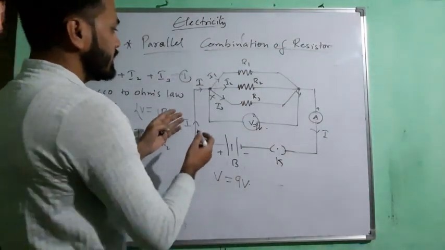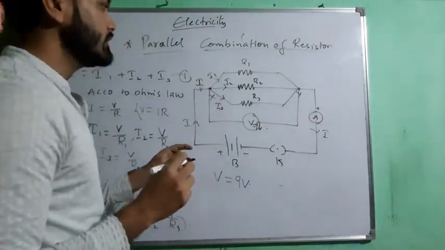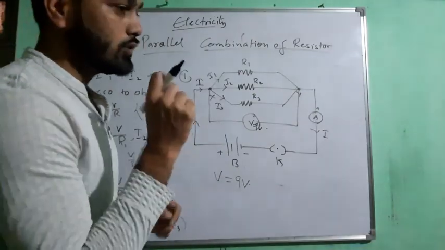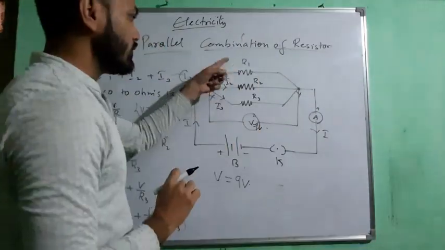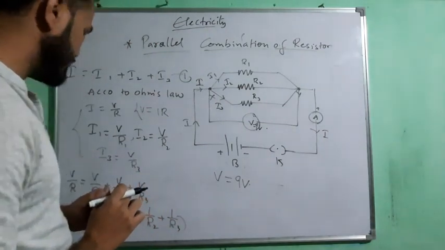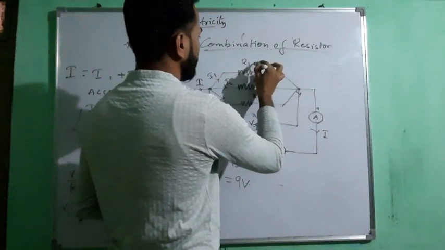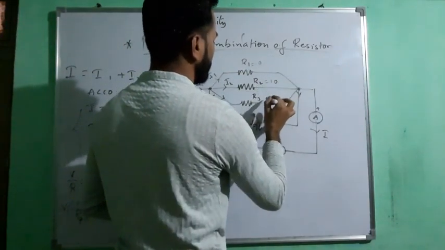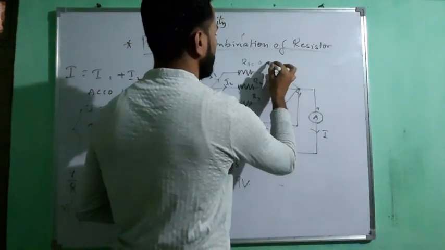That means, what should be the value of the only one resistor in place of all the three? Say R1 is 10, R2 is also 10 and R3 is also 10, 10 ohm each.